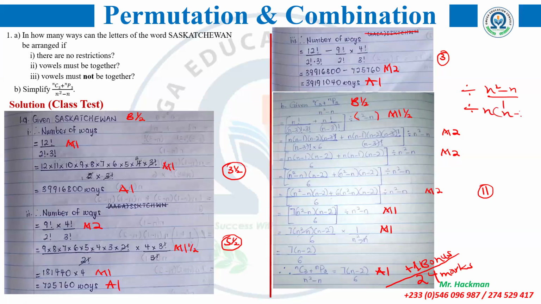So n into n minus 1. So it's a term. In that case, if you fail to put the whole of this in bracket, no issue. But you cannot choose not to put this in bracket. So at the point that you are changing, I've told you, be very, very careful. When you are changing the division bar to the division symbol, you have to tread cautiously. Before and after, make sure whatever you are going to write will be a single fraction.